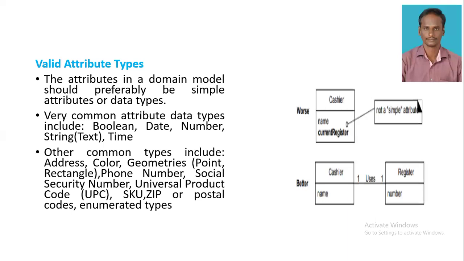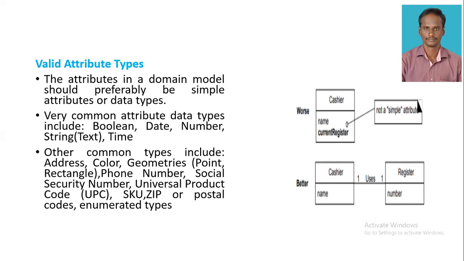And the next one is valid attribute types. The attributes in your domain model should preferably be simple attributes or data types. Very common attribute data types are Boolean, date, numbers, string, and time.